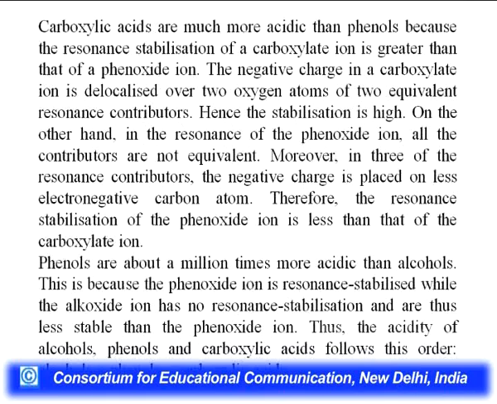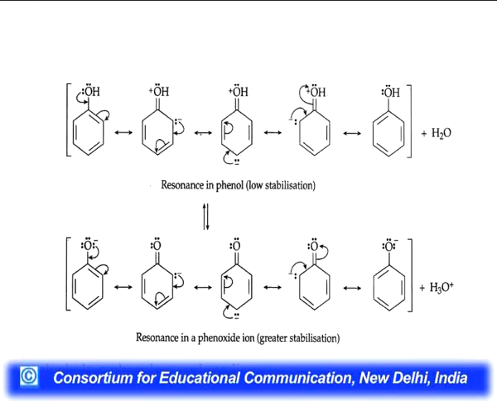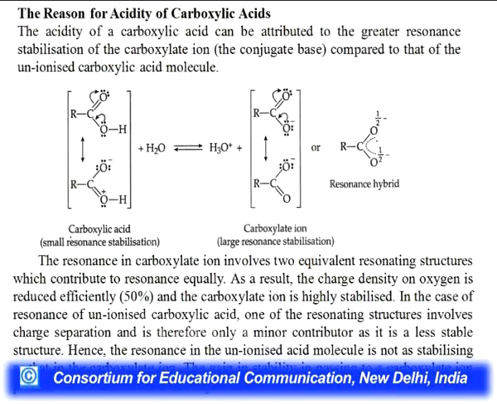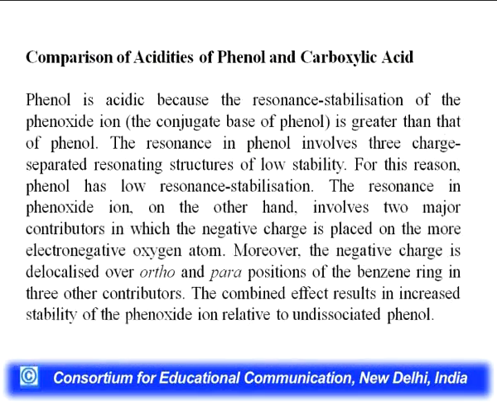Moreover, in 3 of the resonating structures, the negative charge is placed on the less electronegative carbon atoms. So, this is one of the reasons. Therefore, the resonance stabilization of phenoxide ion is less than that of the carboxylate ion. In the carboxylate ion, you can see both the resonance structures are equivalent.